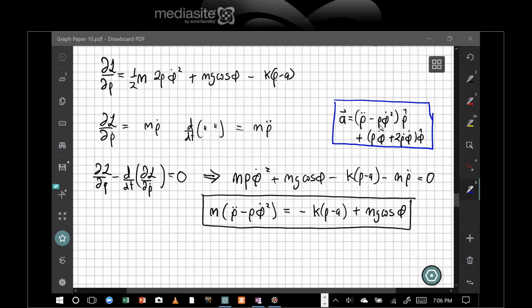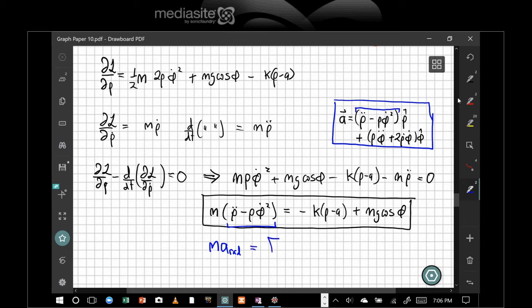The radial component is rho double dot minus rho phi dot squared. Well, that's what this thing is. So I can rewrite this equation as mass times the radial component of acceleration, along the radius rho hat.